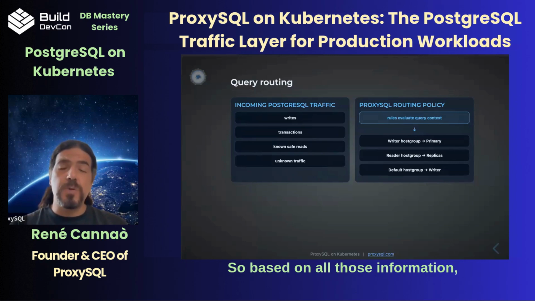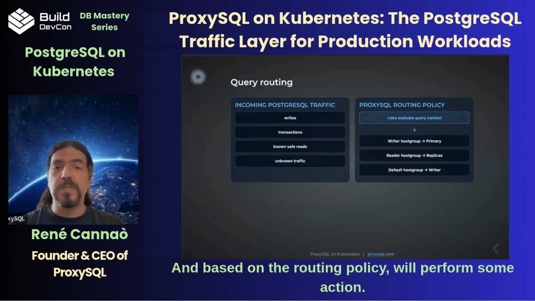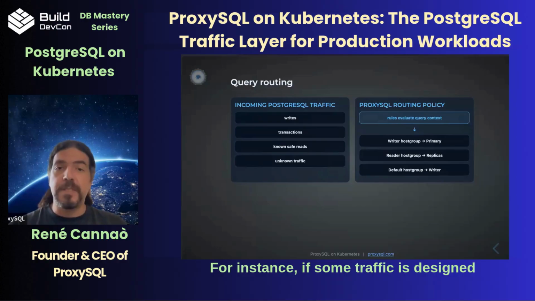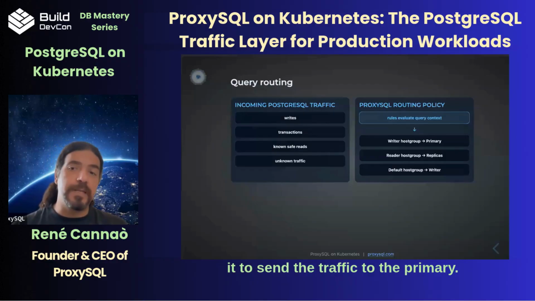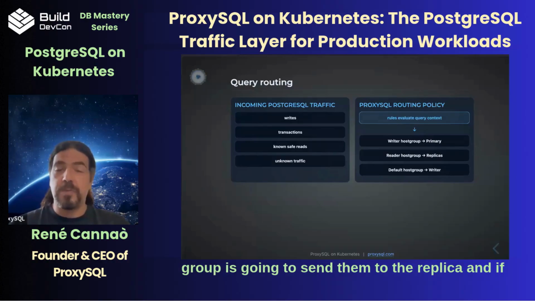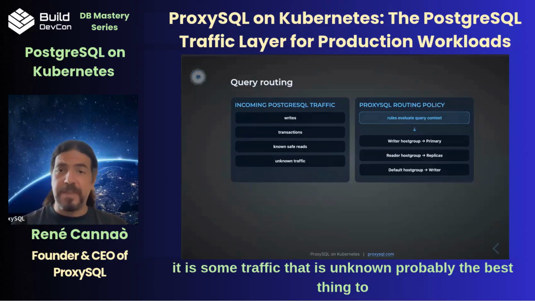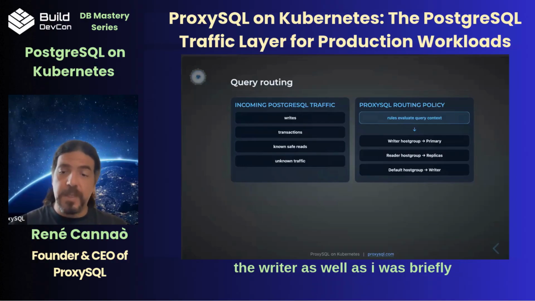Based on all this information, it then consults its own routing policies and performs some action. For instance, if some traffic is designated to be sent to the writer host group, it will send the traffic to the primary. If instead it is designated to be sent to the reader host group, it is going to send it to the replicas. And if it is unknown traffic, probably the best thing to do is to send it to the default host group, which is probably the writer as well.